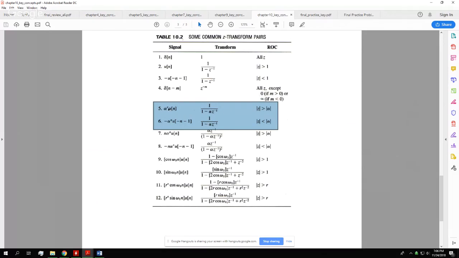So one of my terms will end up being this exponential to the n power times the unit step, and my other one will become a negative of that exponential times a negative unit step time shifted. So just remember this and this. So one of them will be this, one of them will be this, and let's see what I wrote.